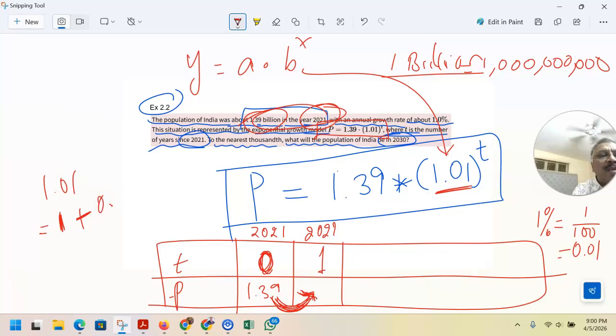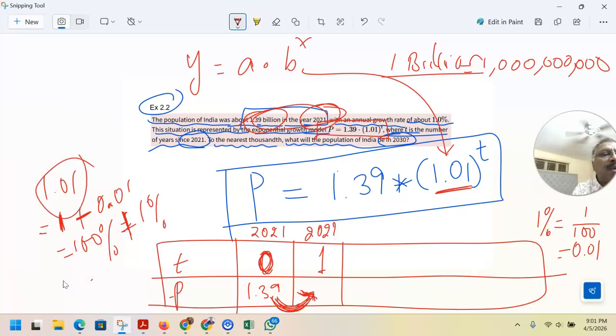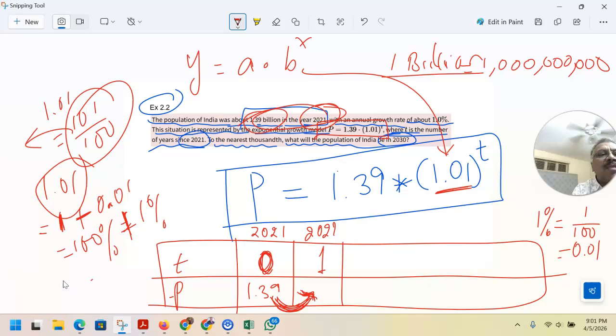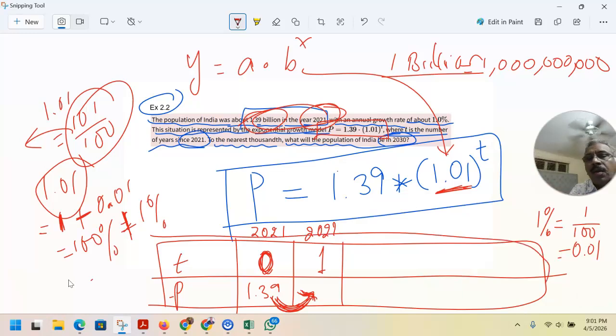So this is like 100% of the whole population, and adding 1% gives you 101%. You can also write 1.01 as 101 divided by 100. You remember what we did in the last chapter. So that is the idea.